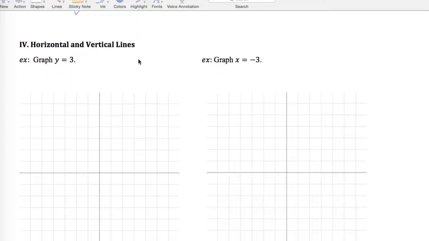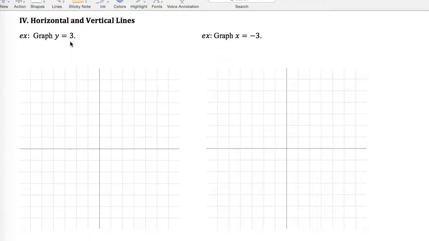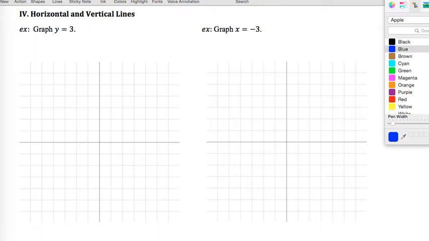So that brings us to horizontal and vertical lines. We're going to look at the graph of y equals 3 and x equals -3. For y equals 3, there's not an x, but that basically implies that regardless of what x is, y is always 3, no matter what x is.